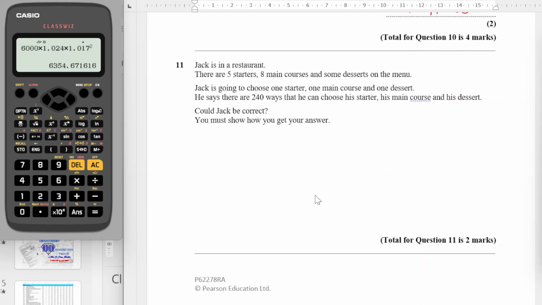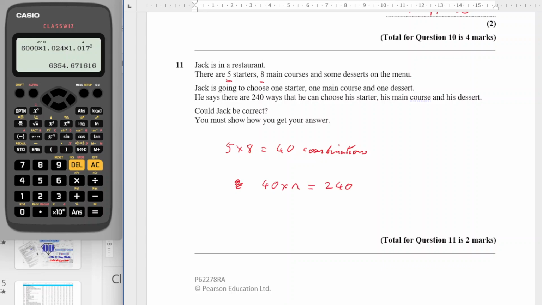So for this, in effect, if we've got 5 starters and 8 main courses, that alone would create 40 combinations. And that number of combinations times by, let's call it n for now, can that be equal to 240?